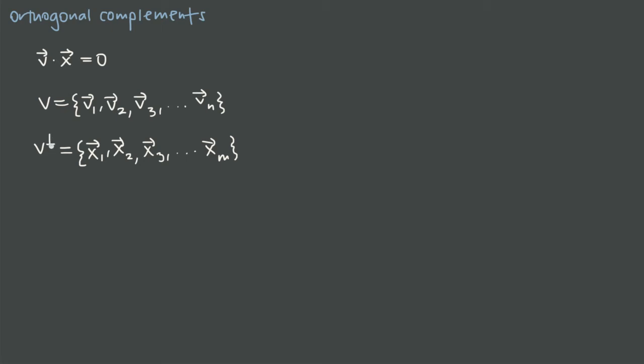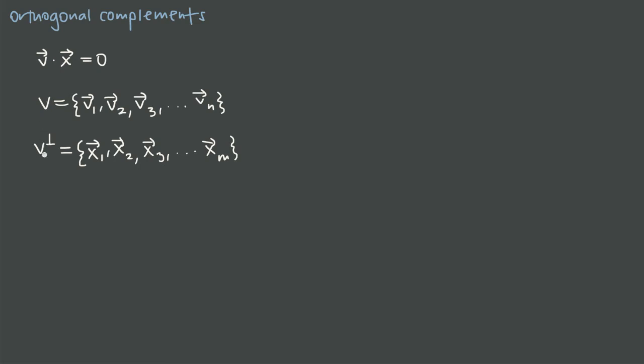We have this little upside down capital T, and that symbol is the perpendicular symbol, so we call this v perpendicular or v perp. And we say that v perp is called the orthogonal complement of v. We could also say that v is the orthogonal complement of v perp. These two are orthogonal complements of each other.